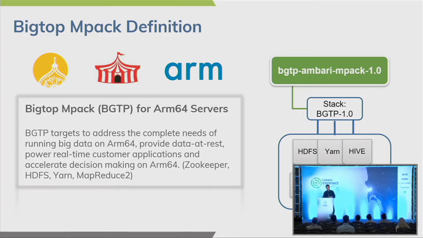We also designed a new software stack in this Mpack, including services like HDFS, Yarn, Hive, Zookeeper, MapReduce, and also the Ambari Metrics. These are the essential components for our Mpack. In the future, we'll add more services to this Mpack.